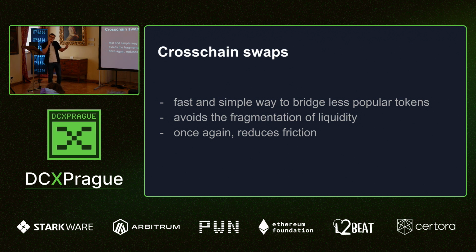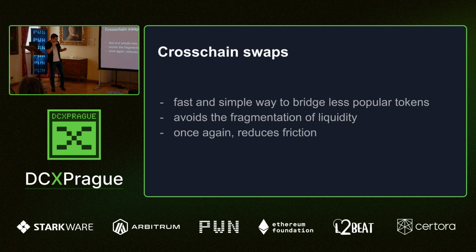You then bridge those stablecoins, and on the other side, you swap back to whatever token you might want. Of course, this brings with it trade fees, but it's pretty much the only fast way to move tokens that are not really popular, or at least are less popular, across chains.